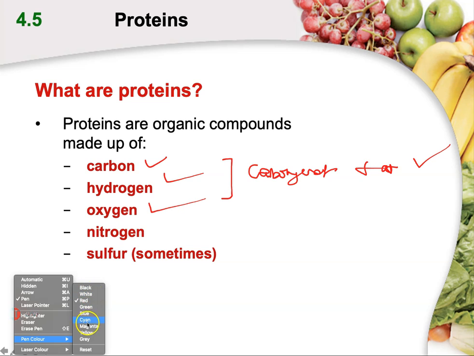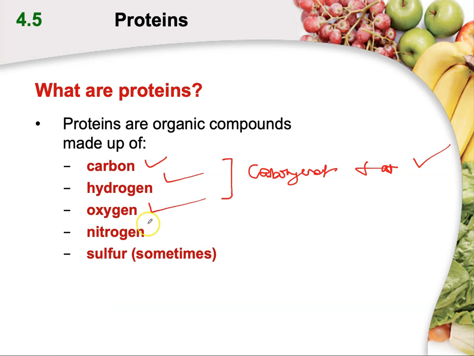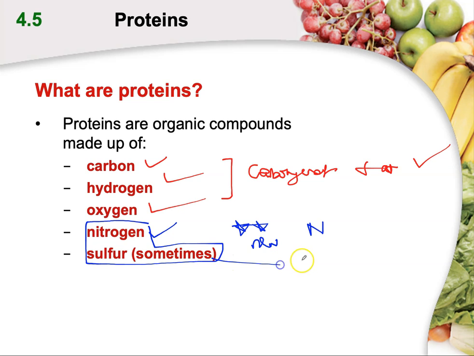You will also notice that protein has two more additional elements. These two elements are new. And what are they? They are nitrogen, the chemical element is N, and sulfur, known as S. That means protein is actually made up of carbon, hydrogen, oxygen, as well as nitrogen and sulfur.